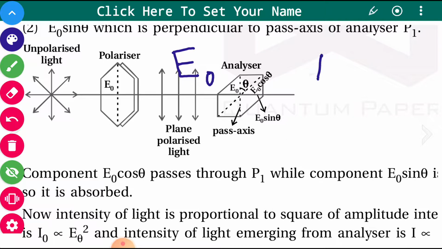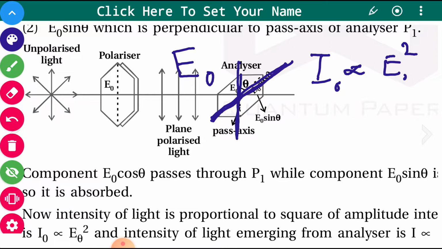As you know, the intensity initially, I0, is proportional to the square of the amplitude, so it becomes E0 square. Now when this E0 falls on the optic axis, which makes an angle theta with the direction of its oscillation, then only the E0 cos theta component will come out.